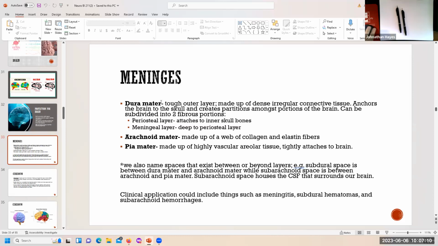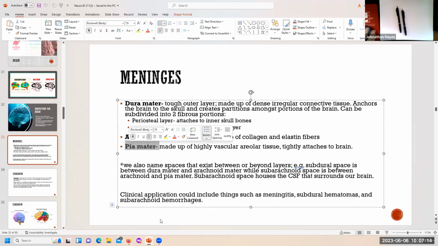It's not in direct contact, of course, pia mater is, but it'll actually kind of form these little partitions or these little walls in between, say, the two cerebral hemispheres, and between, say, the cerebral hemispheres and the cerebellum.